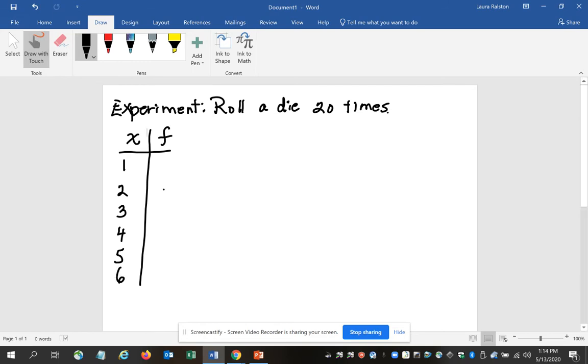So I did that, and for example, I had the number 1 occurred twice, the number 2 occurred 7 times, 3 occurred twice, 4 occurred twice, the number 5 occurred 5 times, and the number 6 occurred 2 times. And so this is our frequency distribution. This frequency distribution shows what actually happened when I rolled the die 20 times.